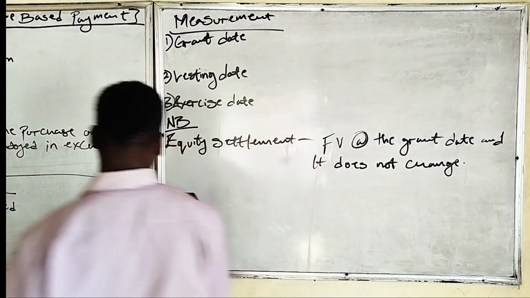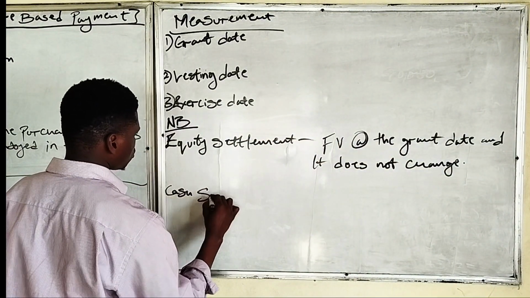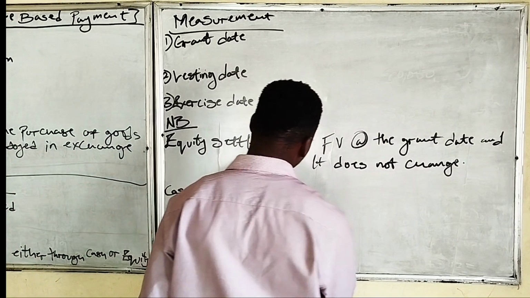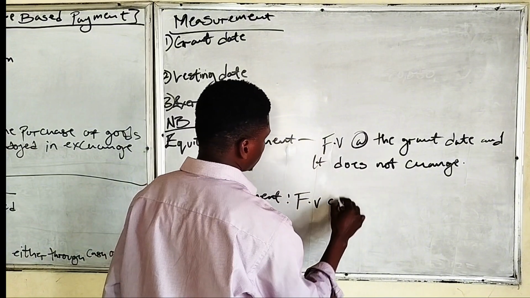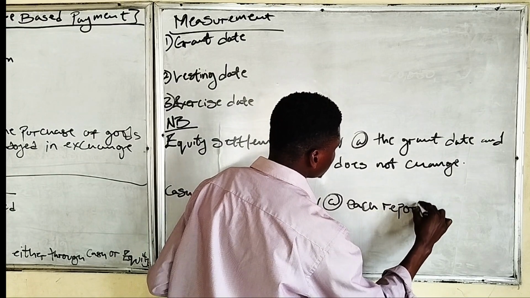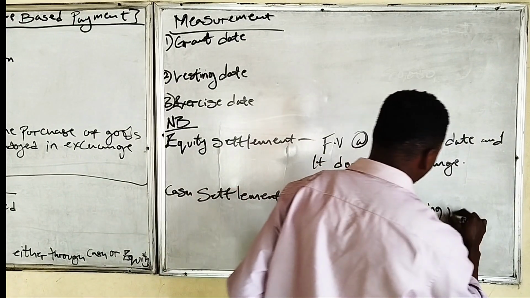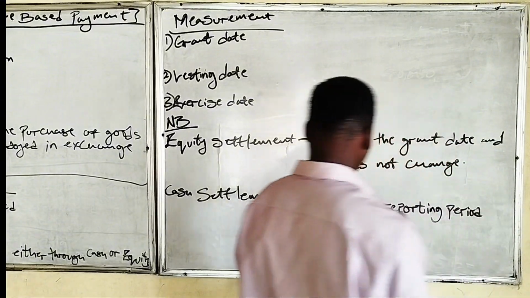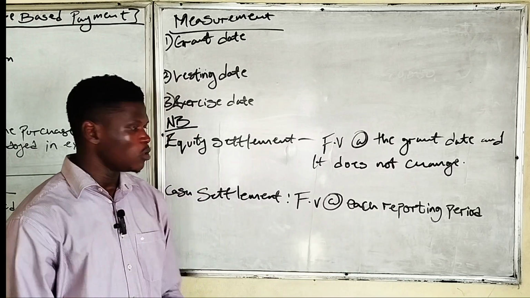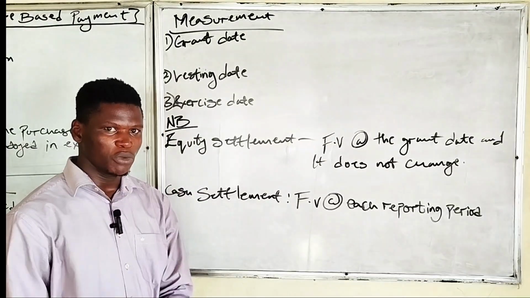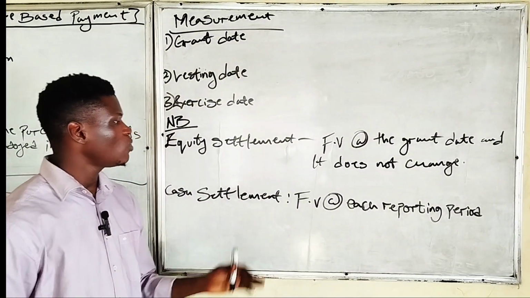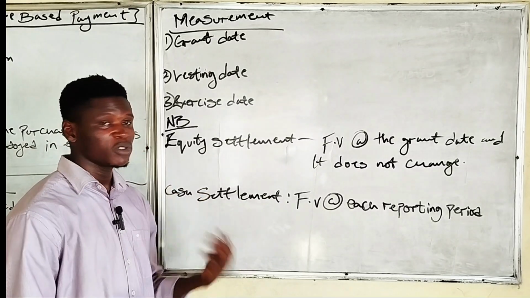While for cash settlement, on the other hand, we use the fair value at each reporting period. So we're using the fair value at each accounting year end. Reporting period is the accounting year end, which means that this will change from period to period. For example, the fair value of our shares last year may be 20 naira per share.